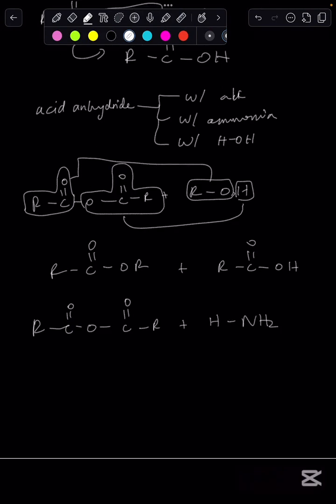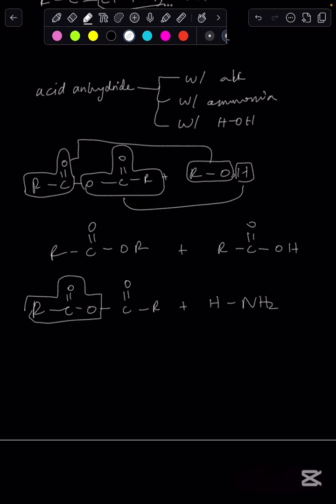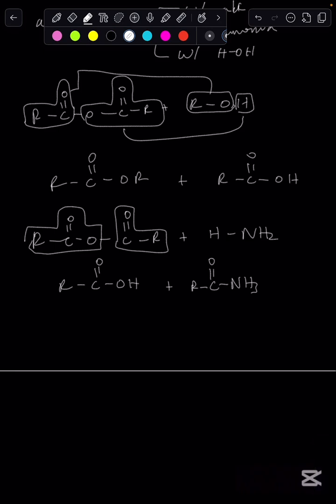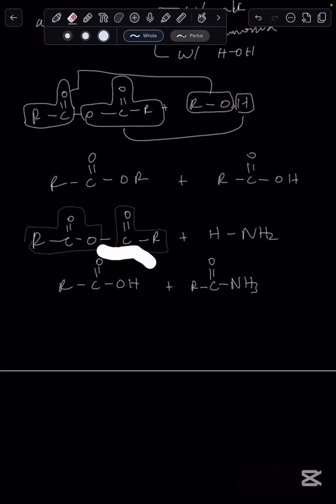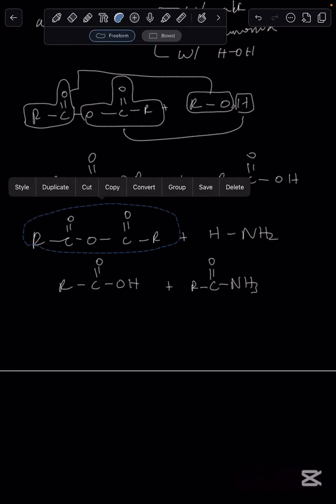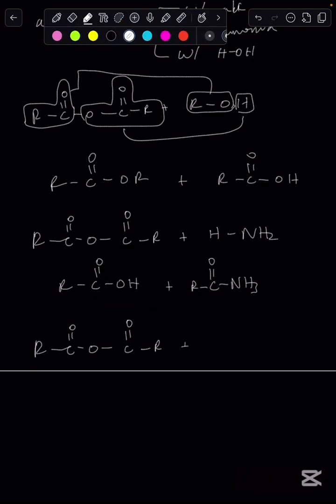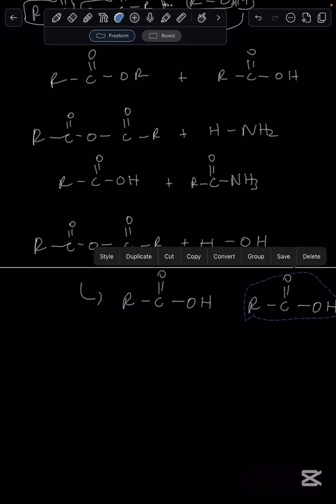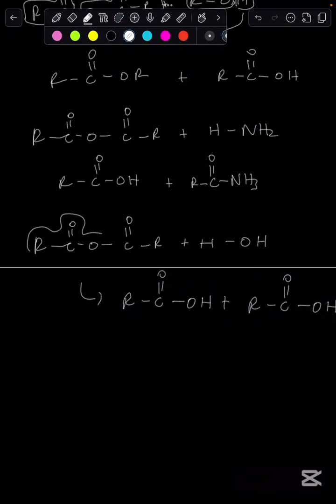What's going to happen is it's going to form a carboxylic acid again and an amide, alkyl amide. So if we see the reaction of water, we'll see that it forms two carboxylic acids. This is going to combine with that, and then this is going to combine with that.